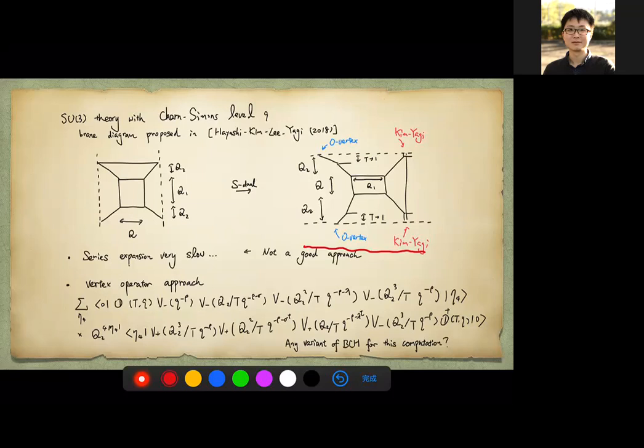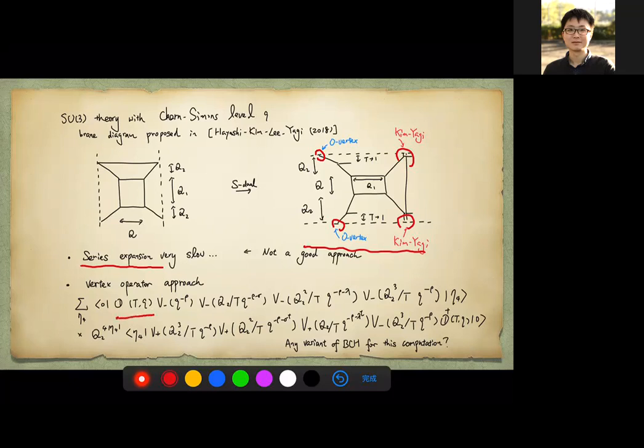We can apply the O vertex and also the Kim-Yagi prescription in the brane web. Again, I have to say that the series expansion is really slow, so it doesn't seem to be a good approach, and the vertex operator approach is also more complicated.